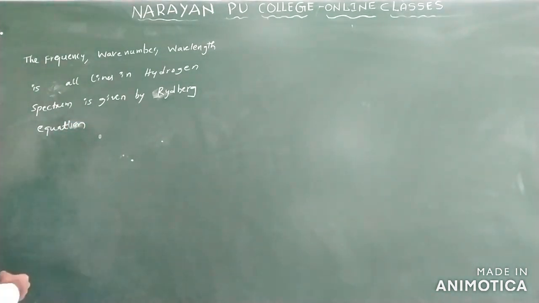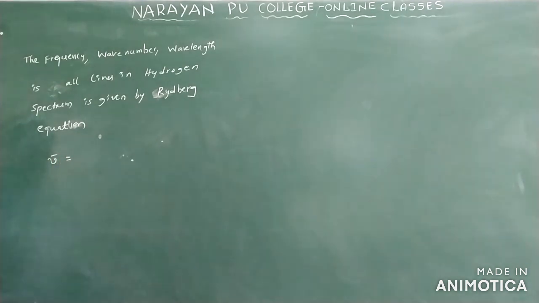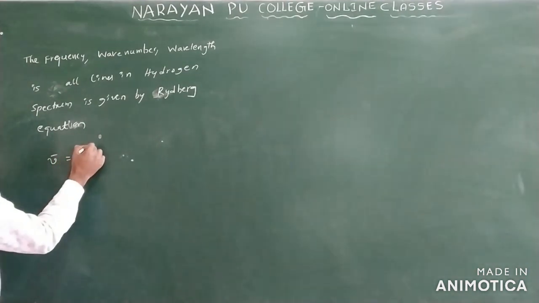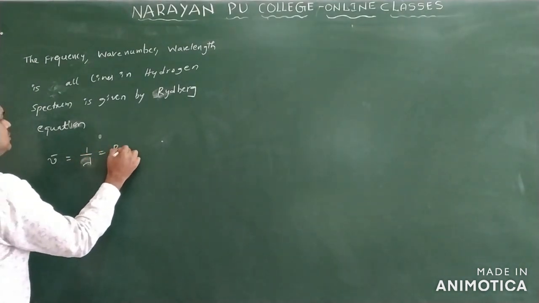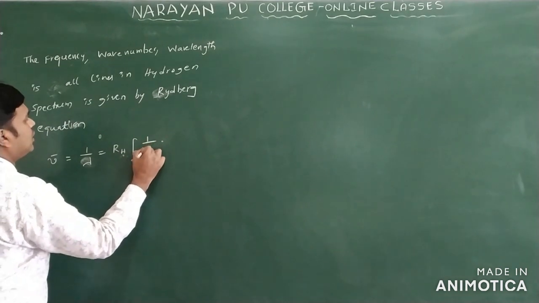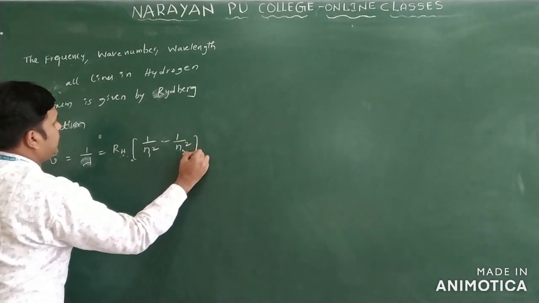So the formula we have here: nu bar is equal to, nu bar is the wave number, nu bar is equal to 1 by lambda, that is equal to RH into 1 by n1 square minus 1 by n2 square.